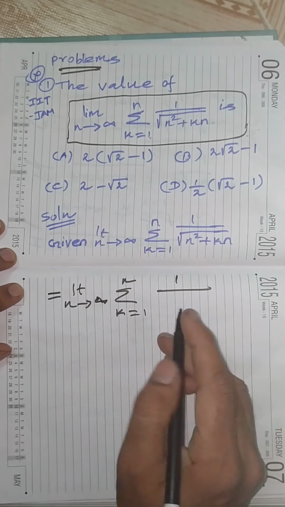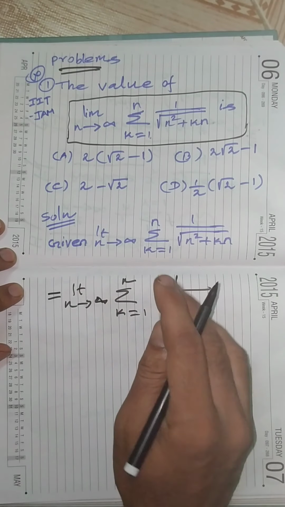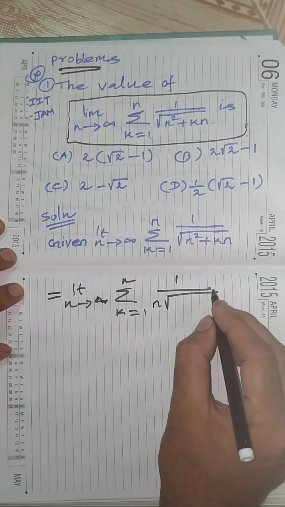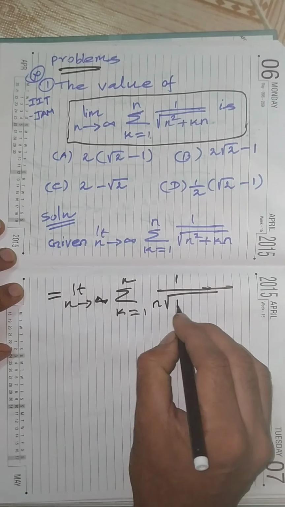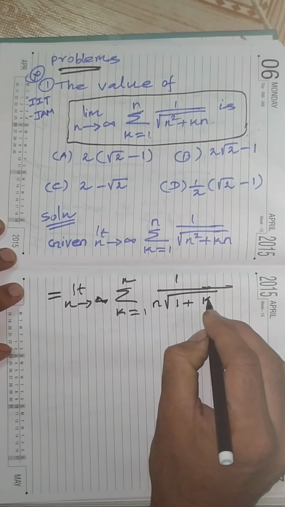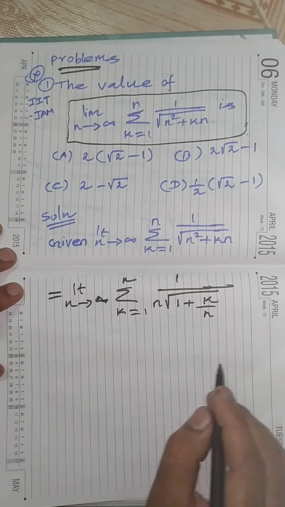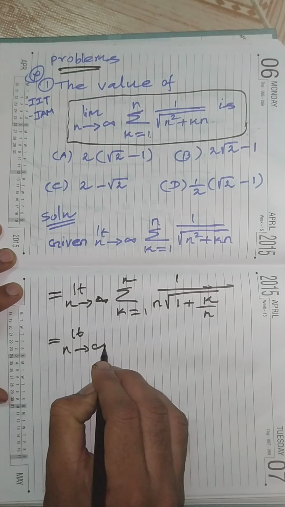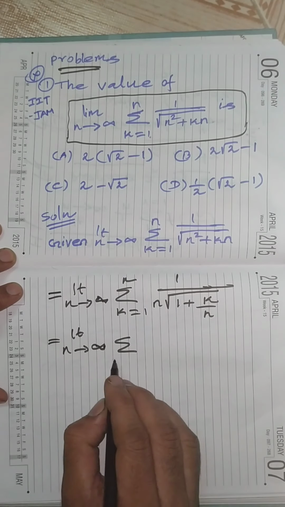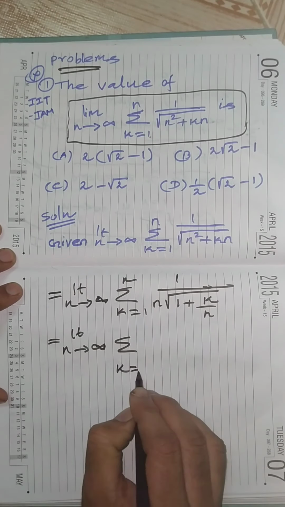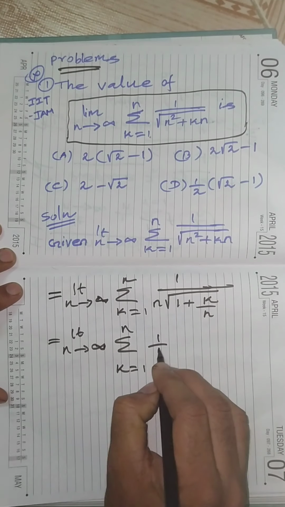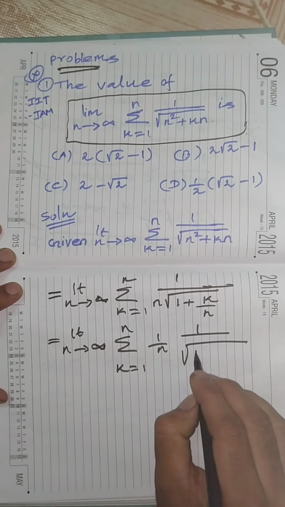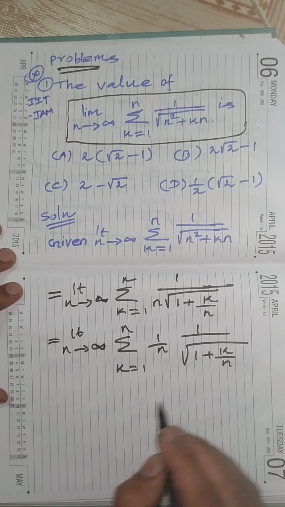I am going to take n square as common. After taking the root, we get only n. So within the root, only 1 plus k by n. Is it right? Next step, limit n tends to infinity, k varies from 1 to n, then 1 by n, 1 by root of 1 plus k divided by n.